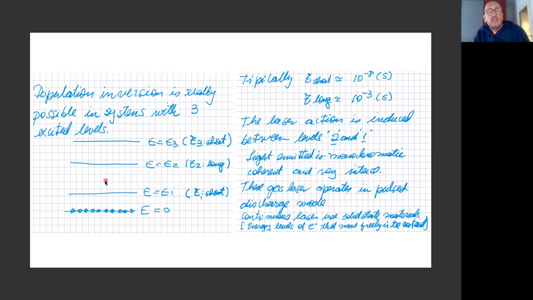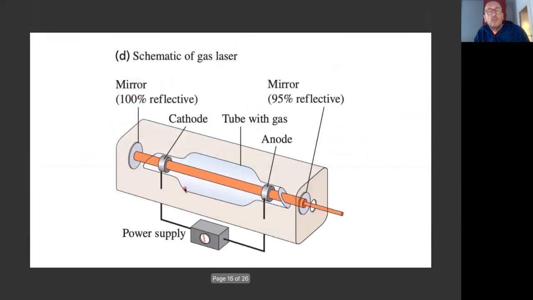The idea is that we induce some sort of electrical discharge inside the gas. This here is supposed to mean the light. There's no tube here; the tube is only the glass envelope. There's a mirror here that is 100% reflective on this side, and there's a mirror here that reflects almost 95% of whatever comes in.